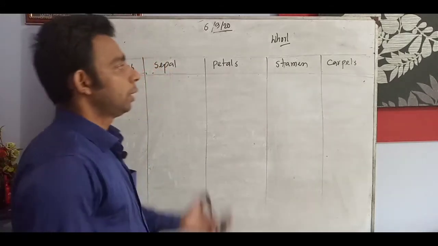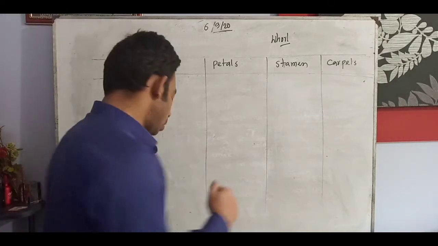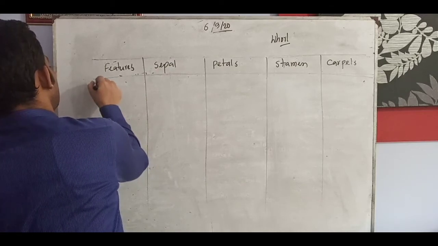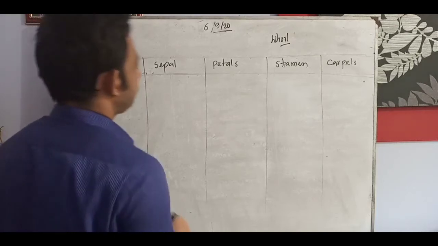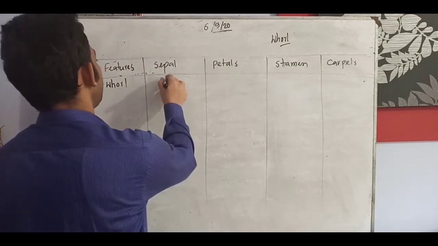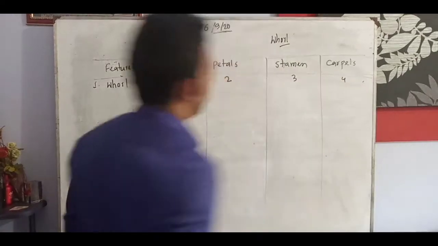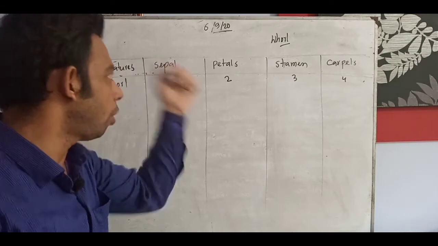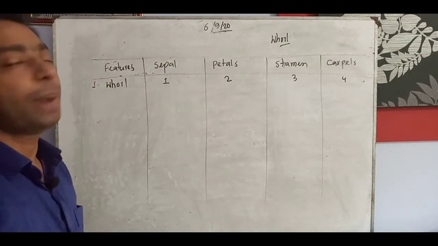Already we have some idea in which way we will go through understanding. So now, the very first one, whorl. This is the first whorl, second whorl, third whorl, fourth whorl, and in the public exam it is also asked which one is the third whorl of a flower, stamen, which one is the second whorl of a flower, petals.